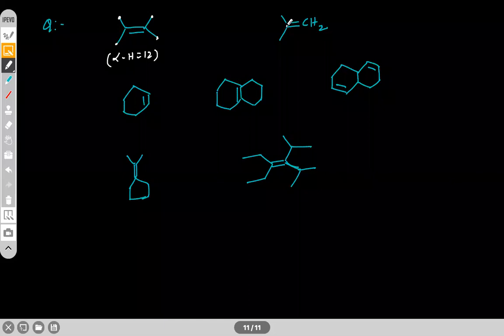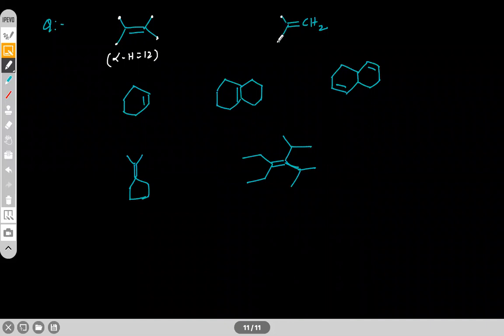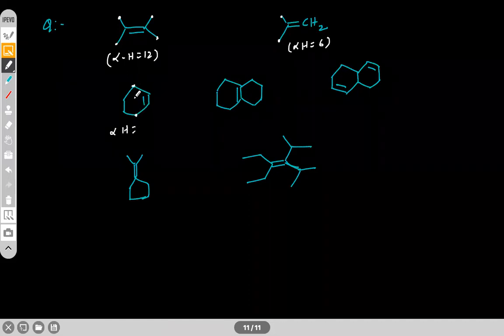In this one, we have 2 alpha carbons, so the number of alpha hydrogens is 3 plus 3, 6. Here there are 2 carbons again, and each carbon atom has 2, so the number of alpha hydrogens is 4. I'm sorry, it is 4.